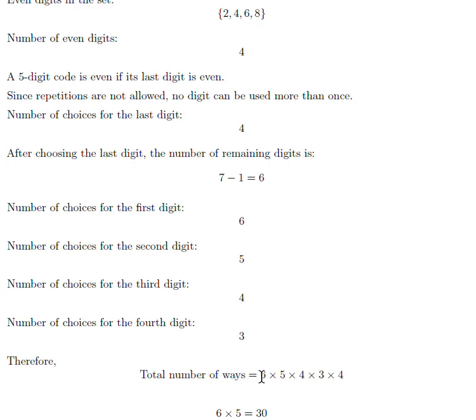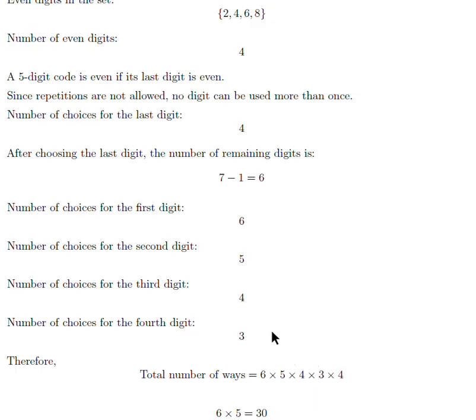And so we multiply each of those instances. The first position has 6 numbers to choose from. The second position has 5 numbers to choose from. The third position has 4 numbers to choose from. The 4th position has 3 numbers to choose from. And the last position has 4 numbers to choose from, right?